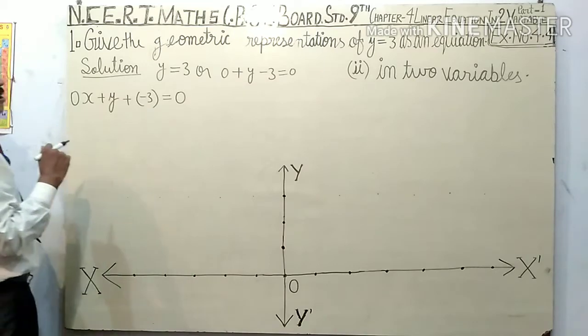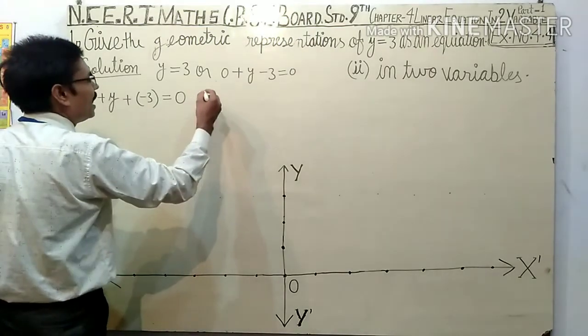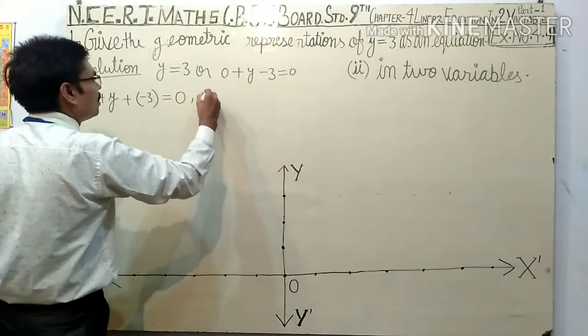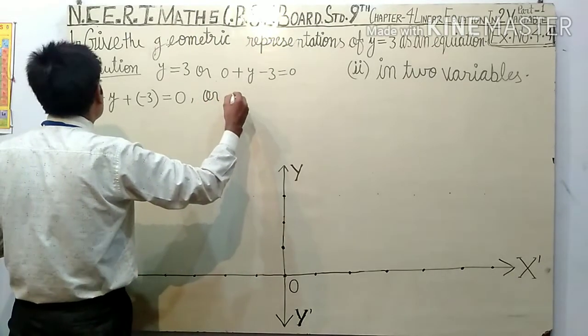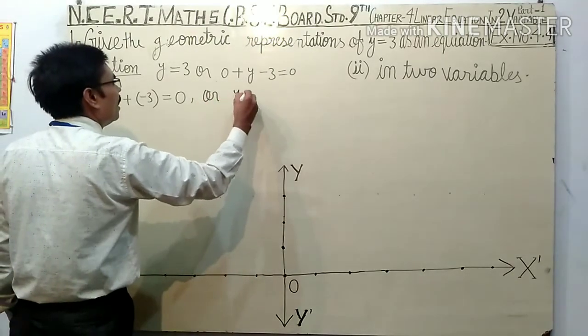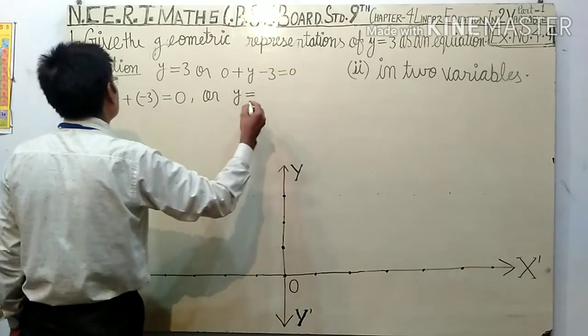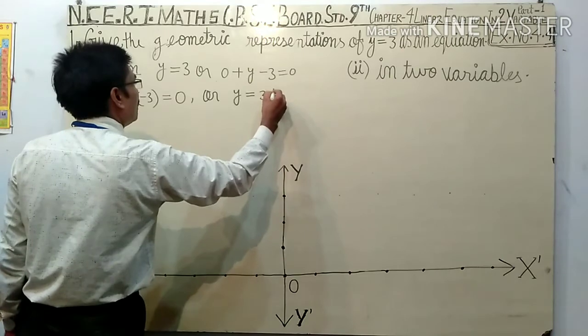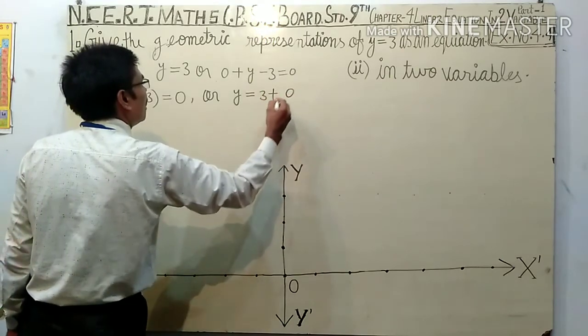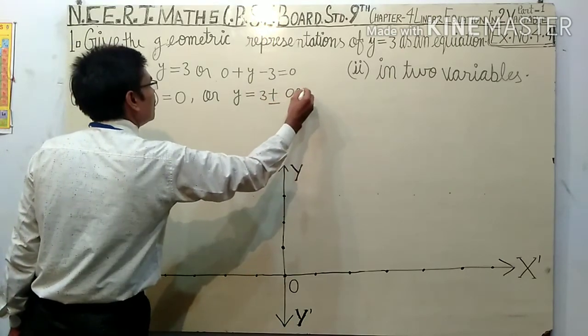For example, if we rewrite this again to understand the phenomenon, y equals 3 plus or minus 0x.